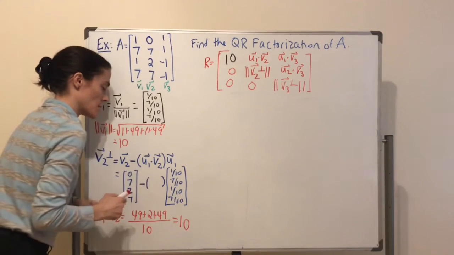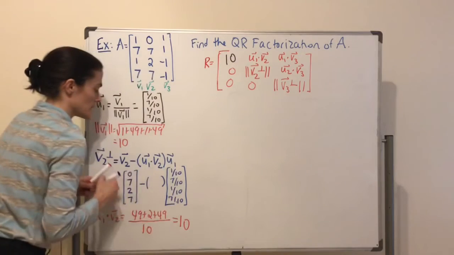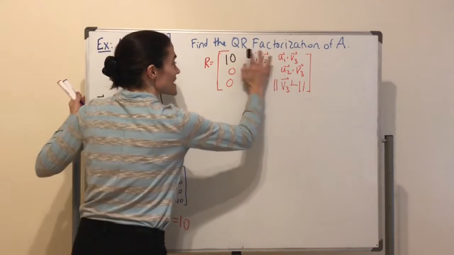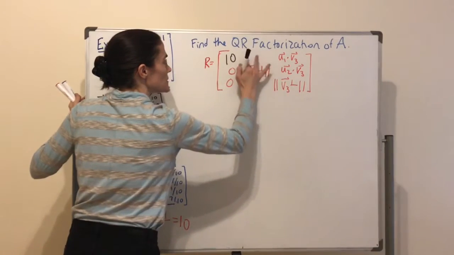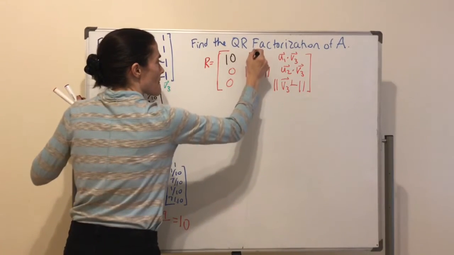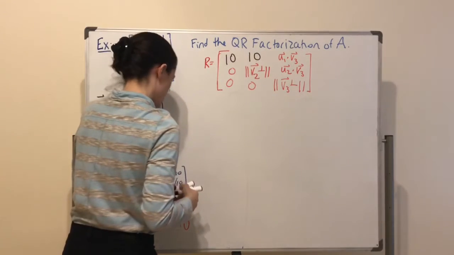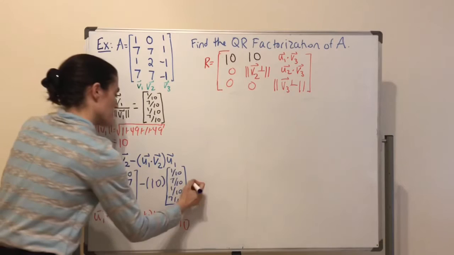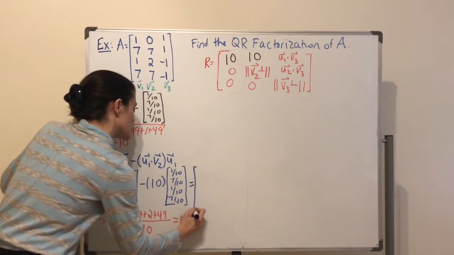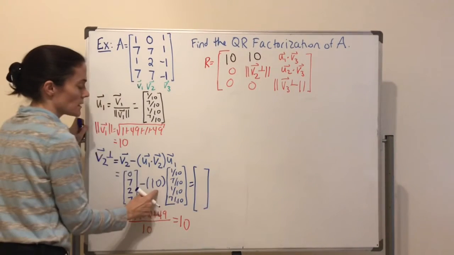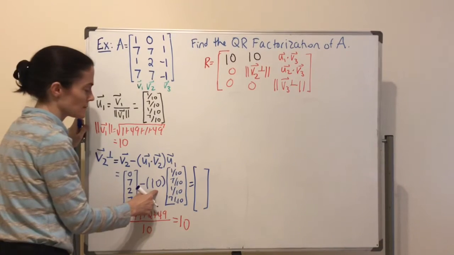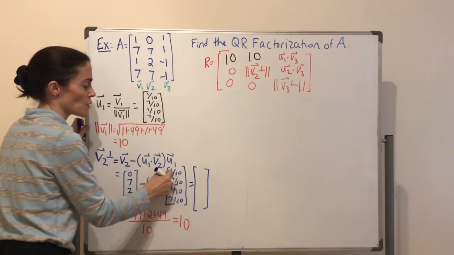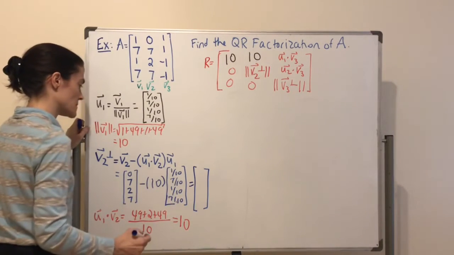Okay, so I have put a 10 here. And then we have this entry of our matrix here. Put a 10 here. Okay. Now let's take this difference. Well, this just clears out the denominators, right? If you multiply 10 by all of these fractions, you get 1, 7, 1, 7. So that's not too bad.